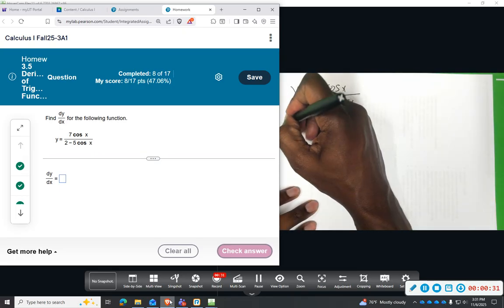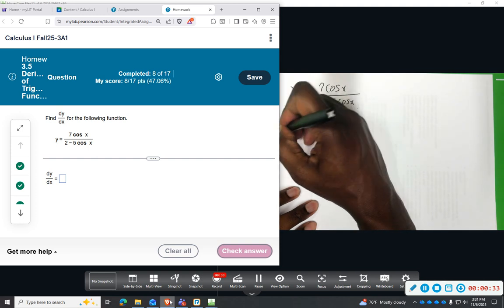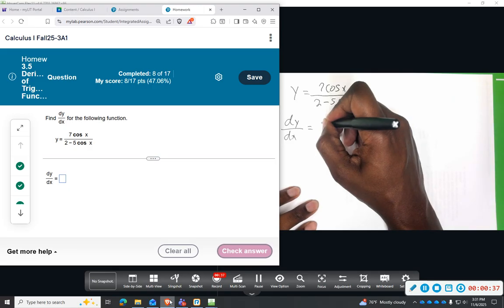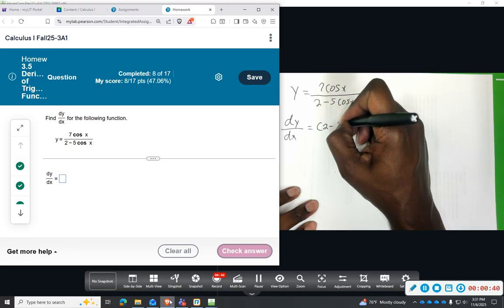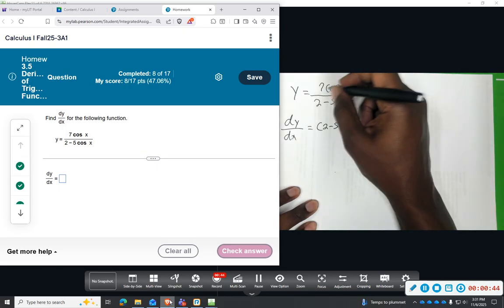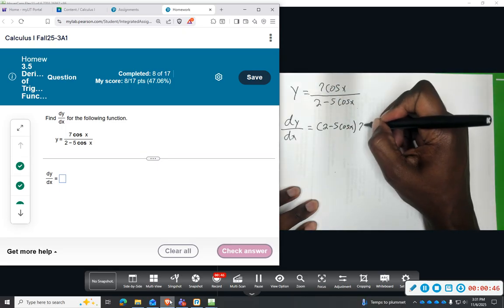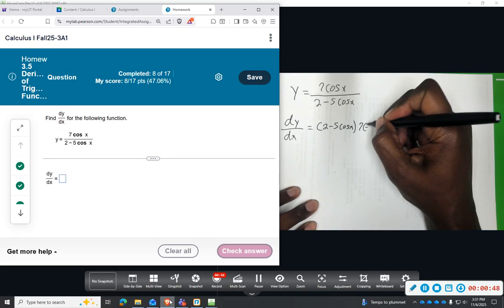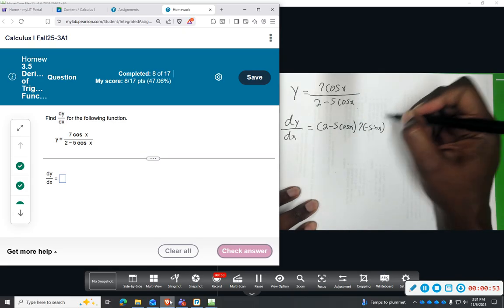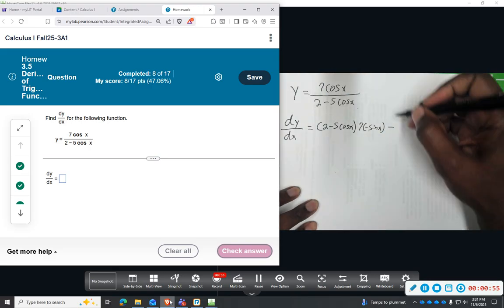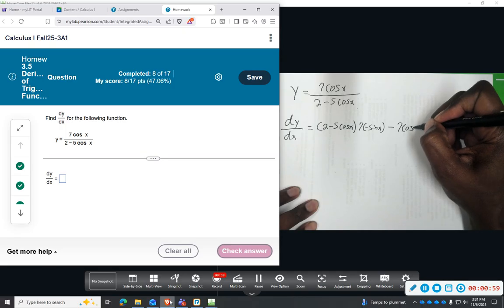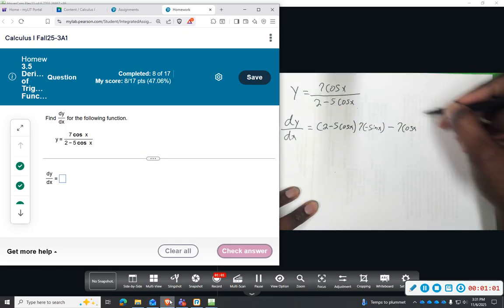So when we do the derivative, we have to do the bottom times the derivative of the top. So that'll be 7 times negative sine of x, minus the top times the derivative of the bottom.